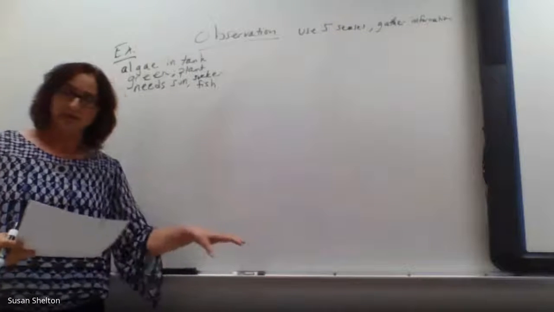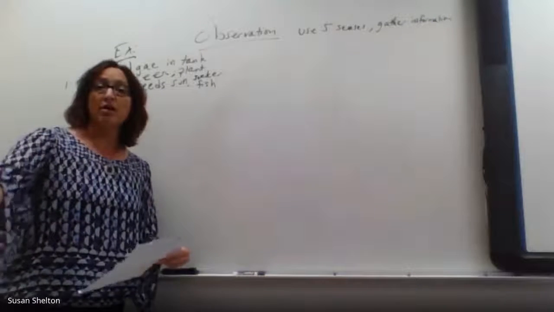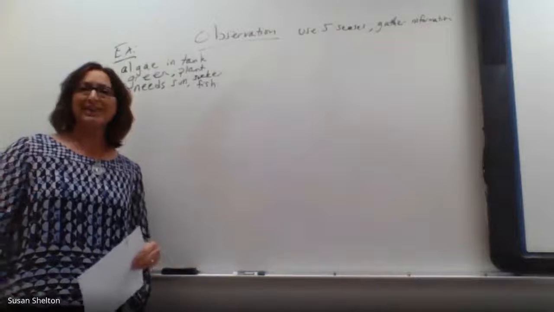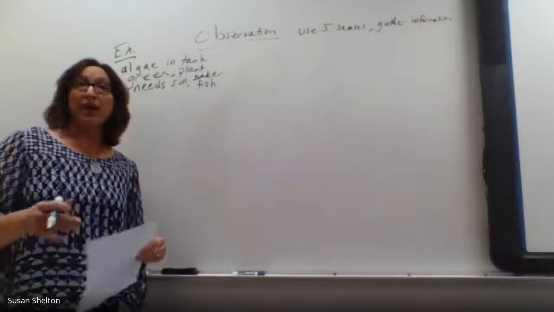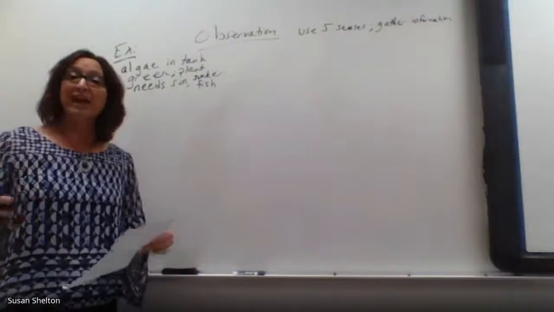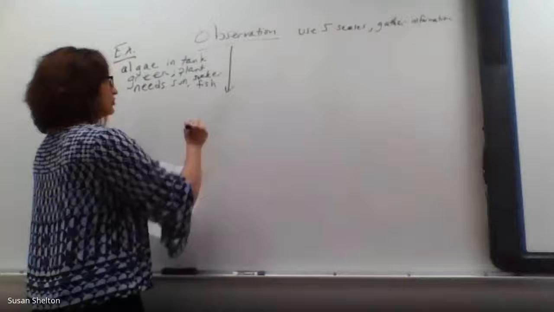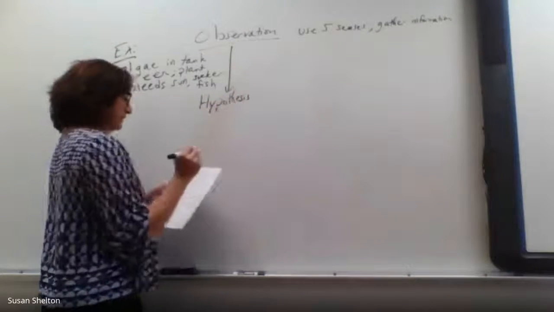Knowing this, I'm going to make my hypothesis. When we did our experiment in class, we were guessing why we thought those raisins were moving up and down. That's your hypothesis. That's an educated guess. So as you move down your sheet, second step, hypothesis.